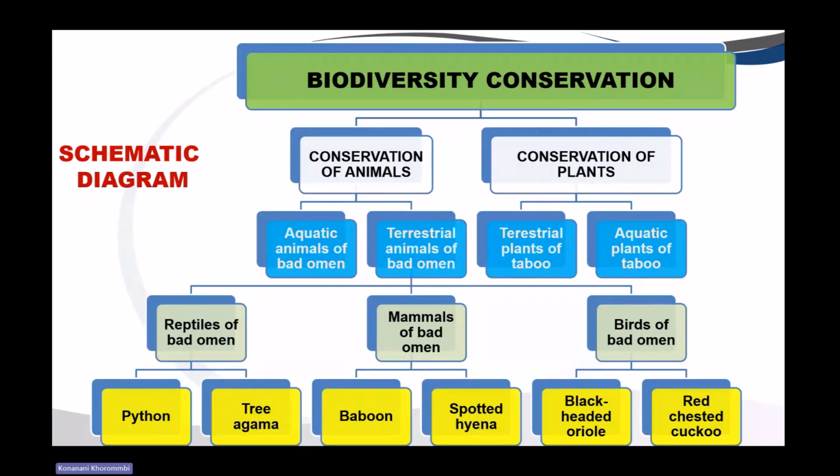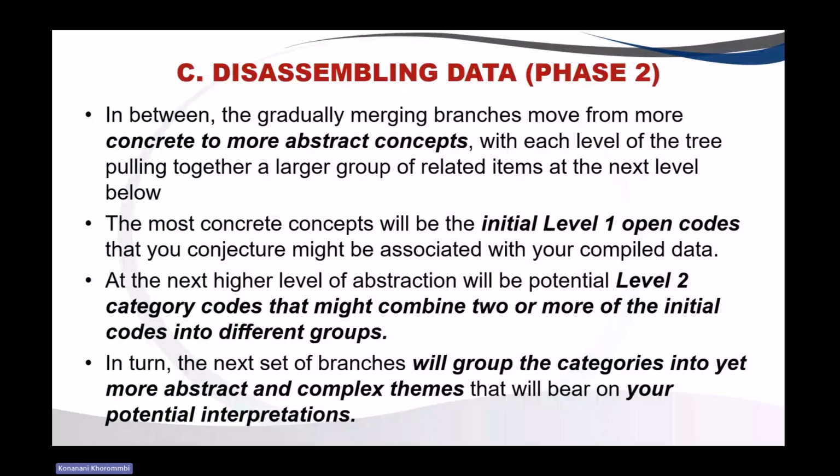Now let me move. The slide that I promised you is number 87. We are saying the gradually merging branches move from more concrete to more abstract concepts. This is what I was saying: from more concrete at the bottom, which is at the top of the tree. Remember, we took the tree, uprooted it, took the branches and faced them down so that the roots face up.